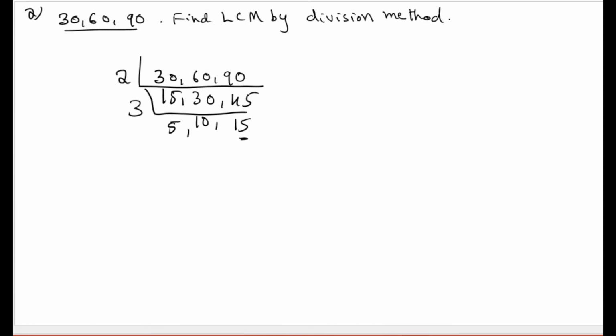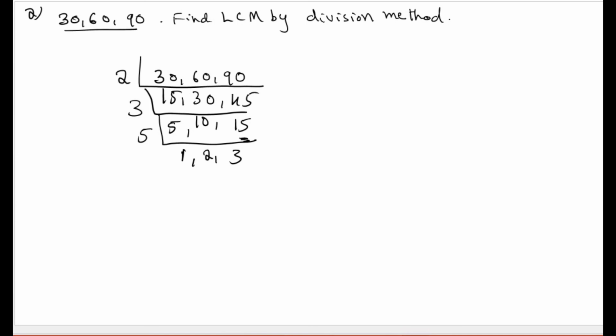But what is our condition? Any prime number you take must divide at least 2 of the given numbers. So here 3 is not possible because only one number is divisible by 3, but we want at least 2. So next select the number 5. 5 1s are 5, 5 2s are 10, 5 3s are 15.